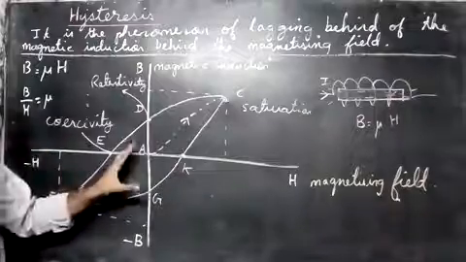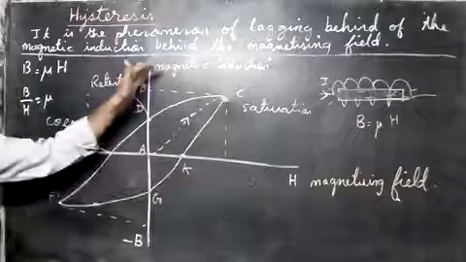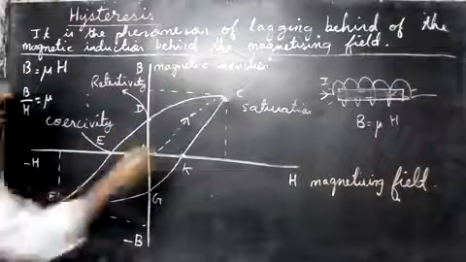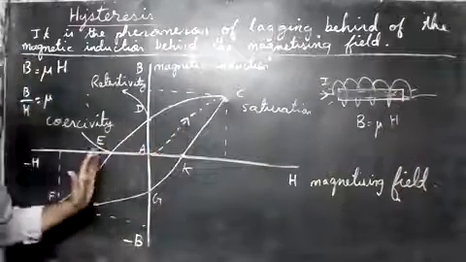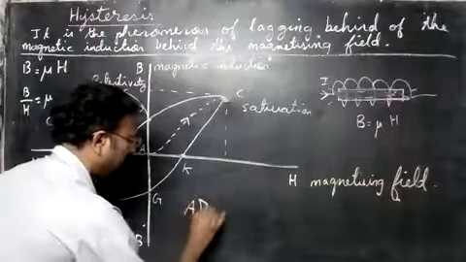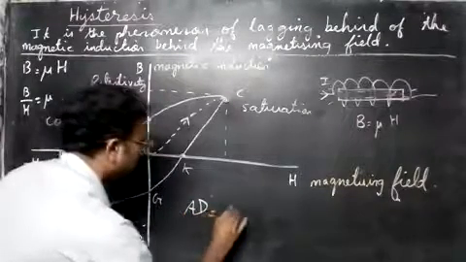That means whatever magnetizing field we apply, the magnetic induction is not equal. It stores some magnetic field; some of the energy is stored there. You can notice these points: AD, and the same way this distance is equal to AG.